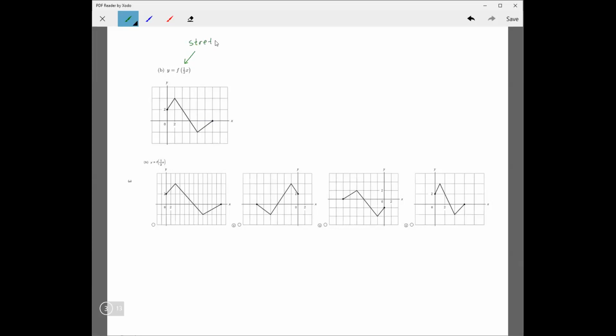Yes. So stretch horizontally by a factor of 2. So this point right here gets doubled out to here. So here they just made the graph smaller, but that's basically the same thing. So this looks like the one right here.